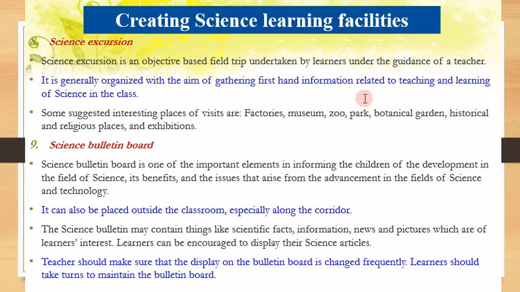Okay, then the science bulletin board. For the science students, they need to share the information they have learned in the classrooms and display it for all the people to read through. So there should be a proper bulletin board for the children to display their explorative work.